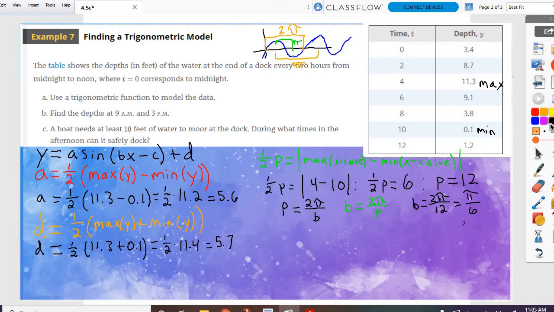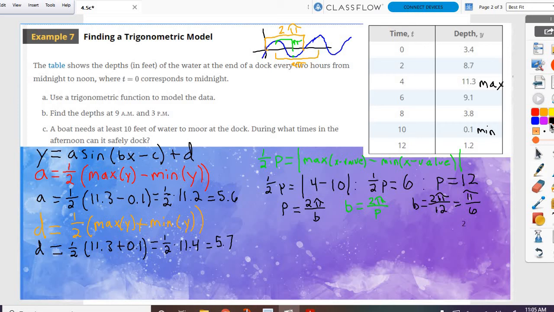And we're going to do a similar thing with this. But notice that on our data, we don't have a 0. Remember that our imaginary 0 line would be at 5.7, and I don't have any y values that are at 5.7. So I can't use that 0 value. But we do have a maximum and a minimum.